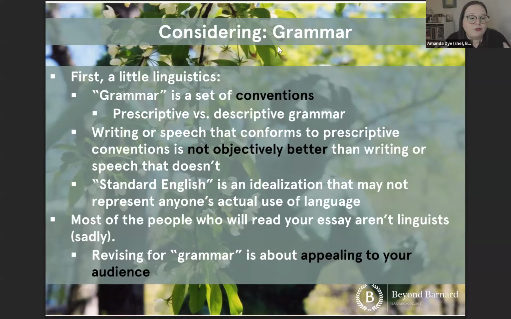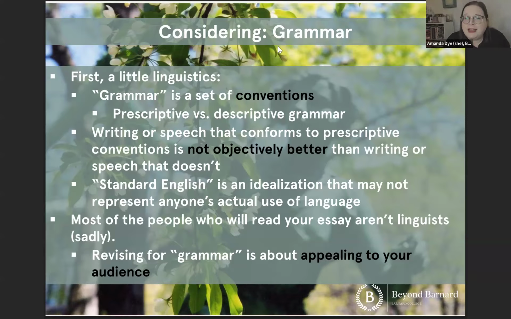And I think that anyone who believes in the concept of standard English might benefit from considering that it might be an idealization that doesn't reflect any single speaker's actual use of language. With all that said, these are conventions, not related to the intelligence or the effectiveness of the writer.